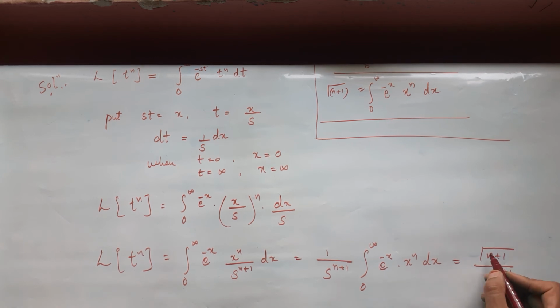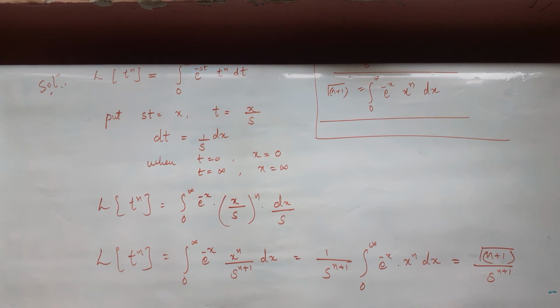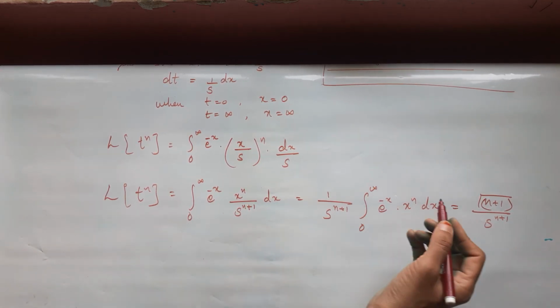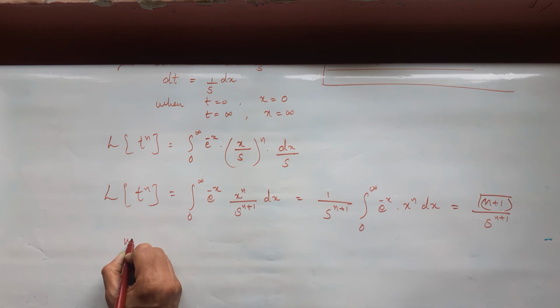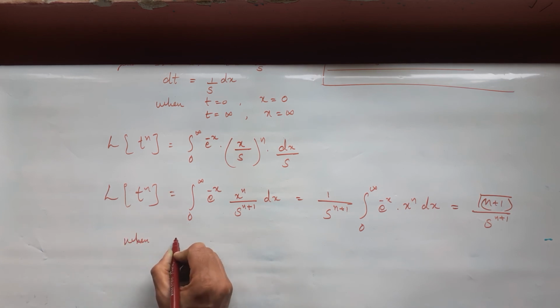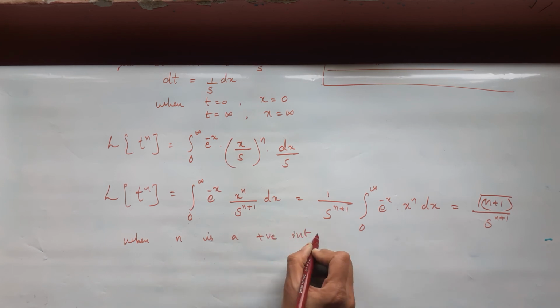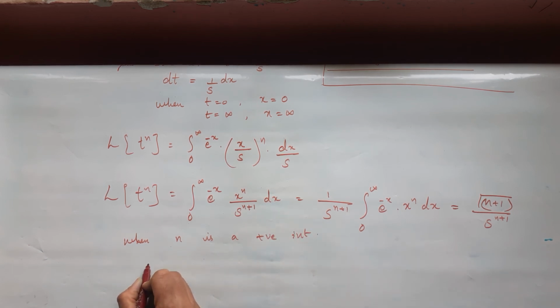So this is the complete derivation for the Laplace transform of t raised to n. I have one more important point here. When n is a positive integer, you must know that gamma of n plus 1 is equal to n factorial.